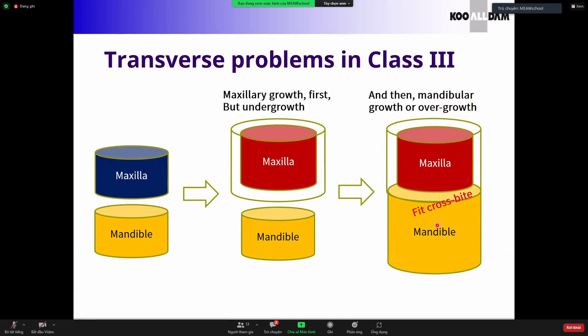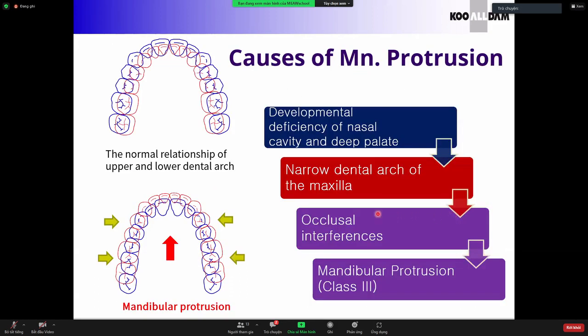So we can see the crossbite condition. So these are the main causes of mandibular protrusion: the developmental deficiency of the nasal cavity and deep palate, and narrow dental arch of the maxilla, and occlusal interferences, and class 3 malocclusion.